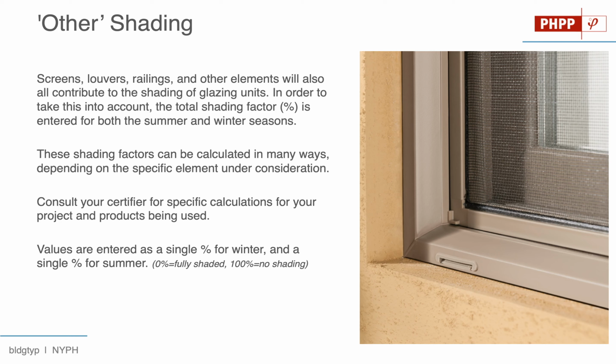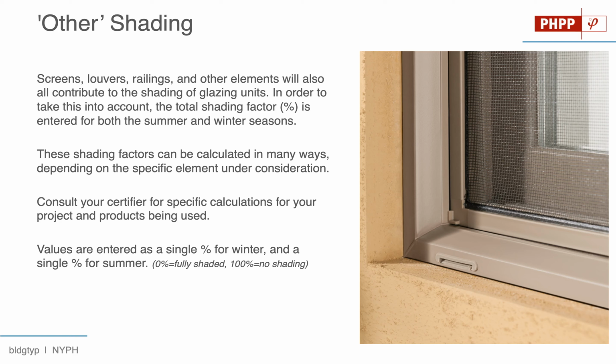And often we can get quite complicated with the inputs that get put in here. These can be quite complex and they can take into account a whole variety of different situations. In all cases, they follow the same formula. 0%, very low values, would indicate fully shaded or a lot of shading, and 100% would indicate no shading whatsoever.